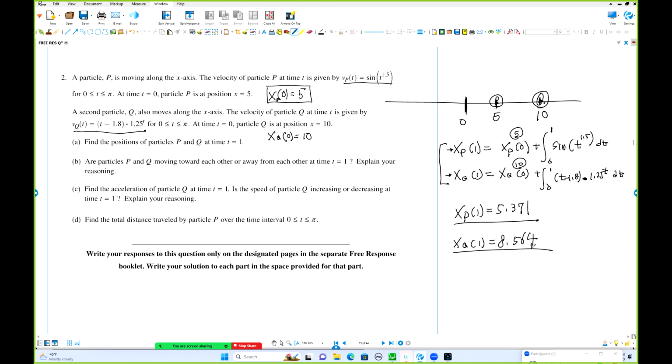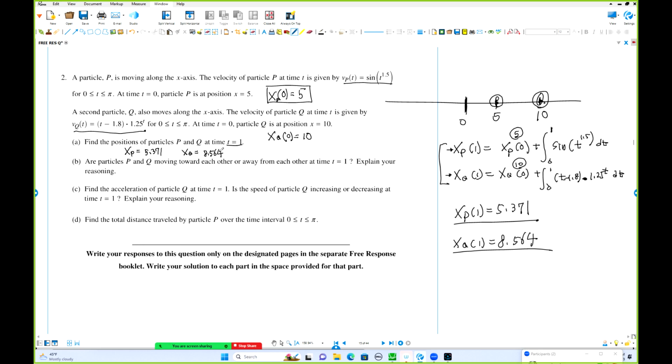So at time t equals 1, the position of x_P is 5.371, and the position of particle Q at time t equals 1 is 8.564, okay? Right.